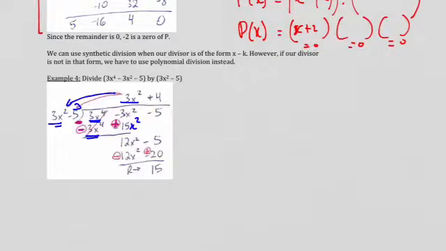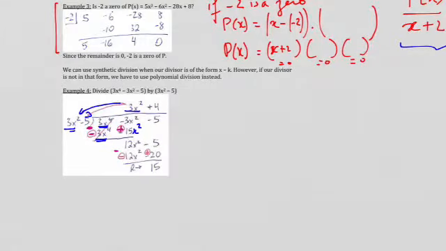I'm now able to do my subtraction. I end up to have 12x squared minus 5. I do exactly the same thing. I'm going to have to subtract, and at the end of the day, I end up to have a remainder equal to 15. So we can say that the answer of 3x to the 4th minus 3x squared minus 5 divided by 3x squared plus 4 is going to be equal to 3x squared minus 5, actually.